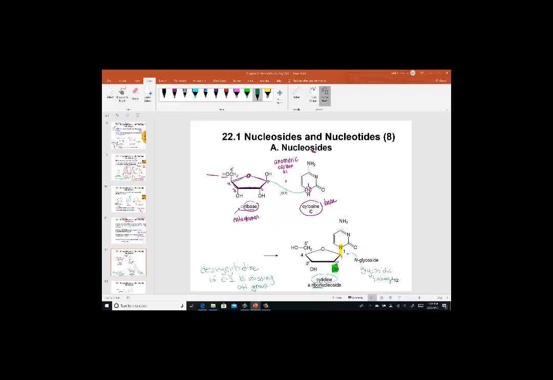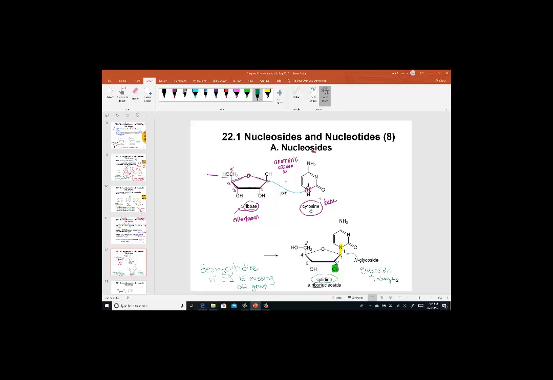The presence or absence of the OH group at carbon 2: if it's present, you just simply name it cytidine. If it is absent, you would name it deoxycytidine. And we are naming nucleosides, 2 of the 3 components in the building block of nucleic acid monomers, hooking together the 5-carbon sugar with a base.